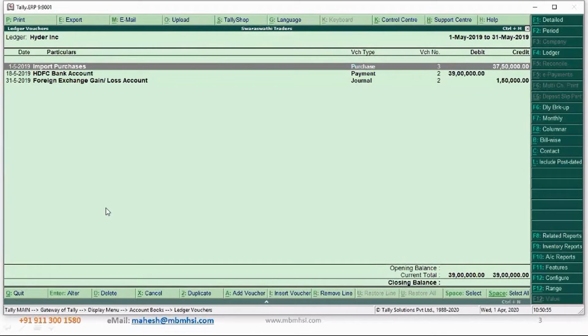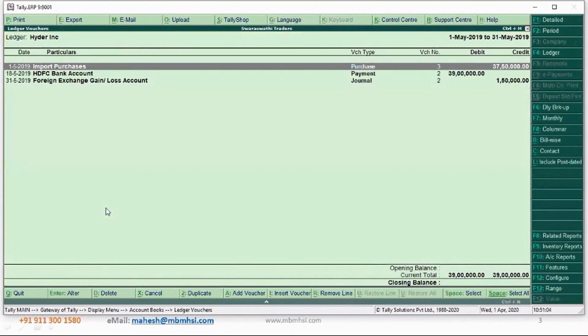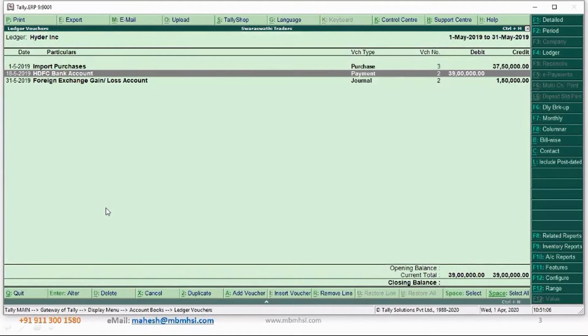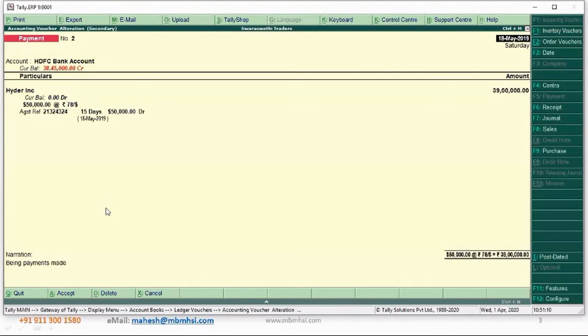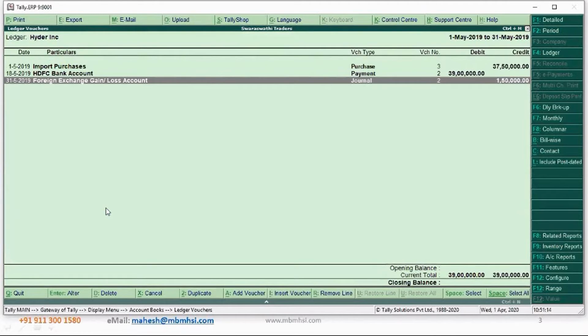One is my purchase entry, which I had purchased at 75 rupees per dollar, which is 37,50,000. Second is the payment entry, which I made at 78 rupees per dollar, which is 39 lakh. And the third is my foreign exchange gain or loss entry. Is this clear?